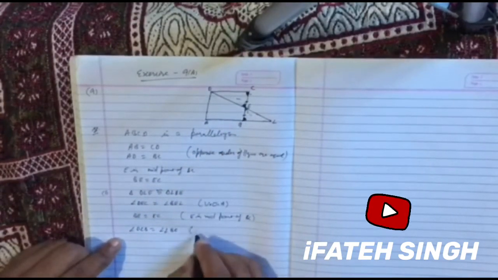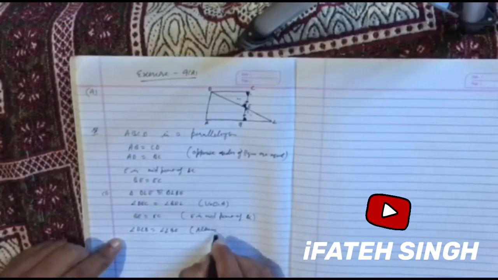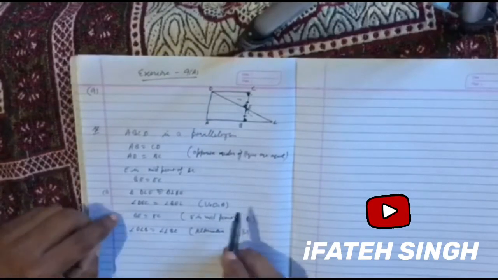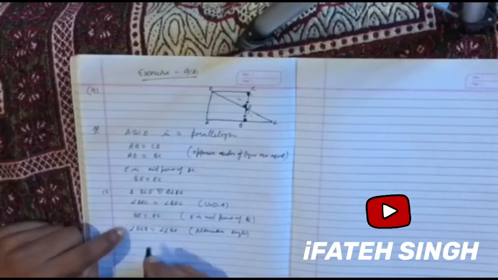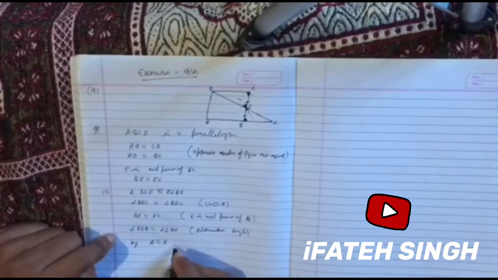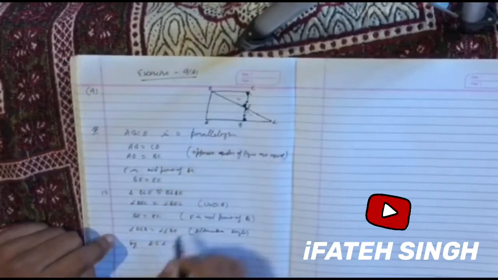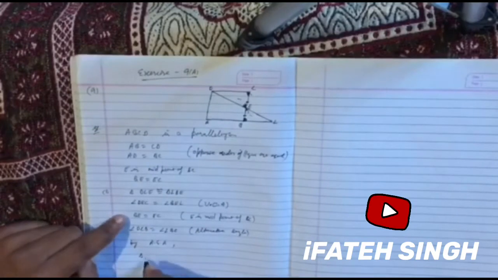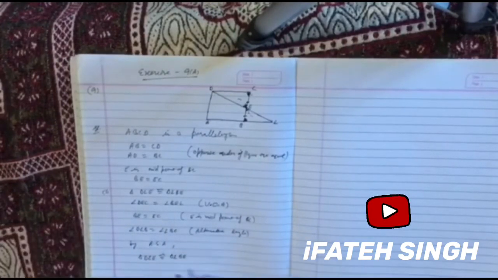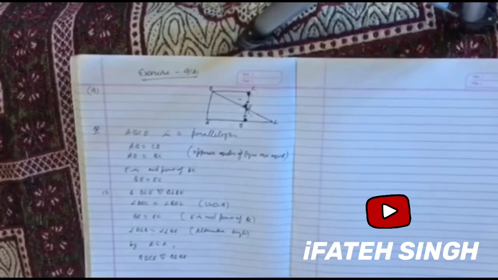They are alternate angles. Two angles are equal and one side is equal. By the angle side angle criteria, these two triangles are congruent. Triangle DCE is congruent to triangle LBE. This is the first part of our sum.